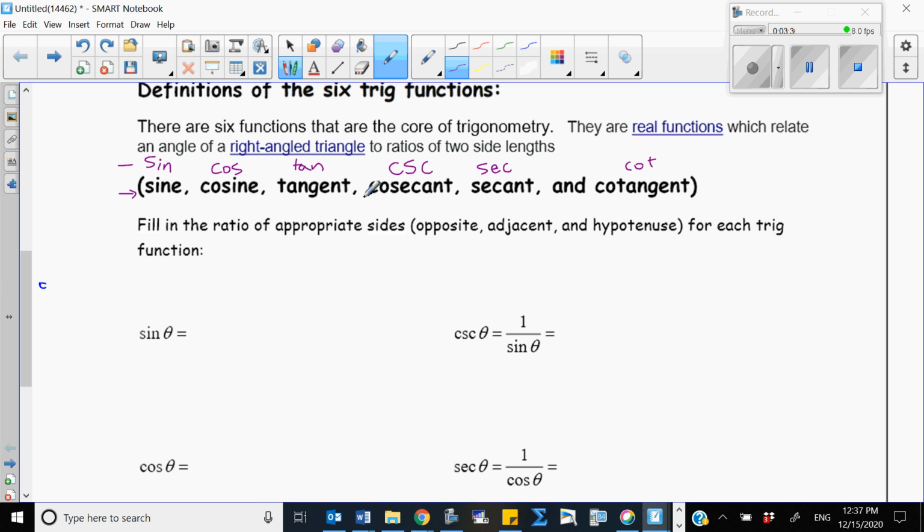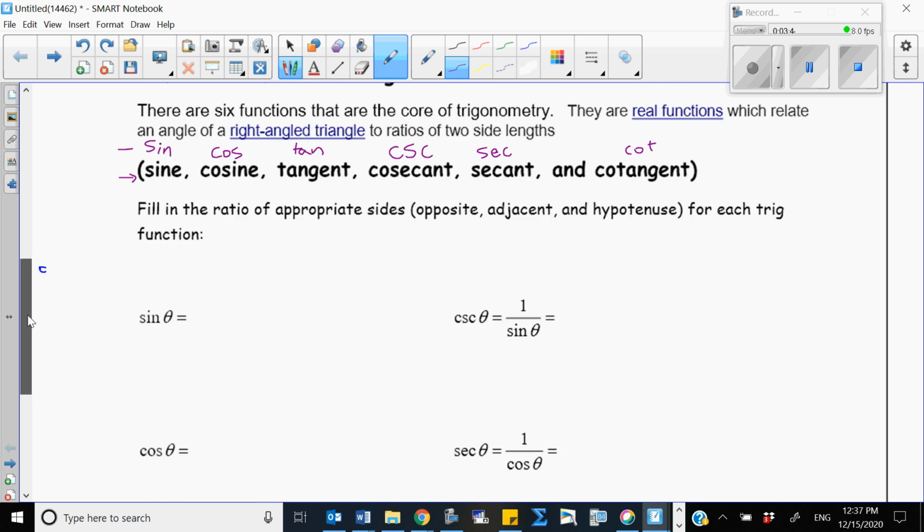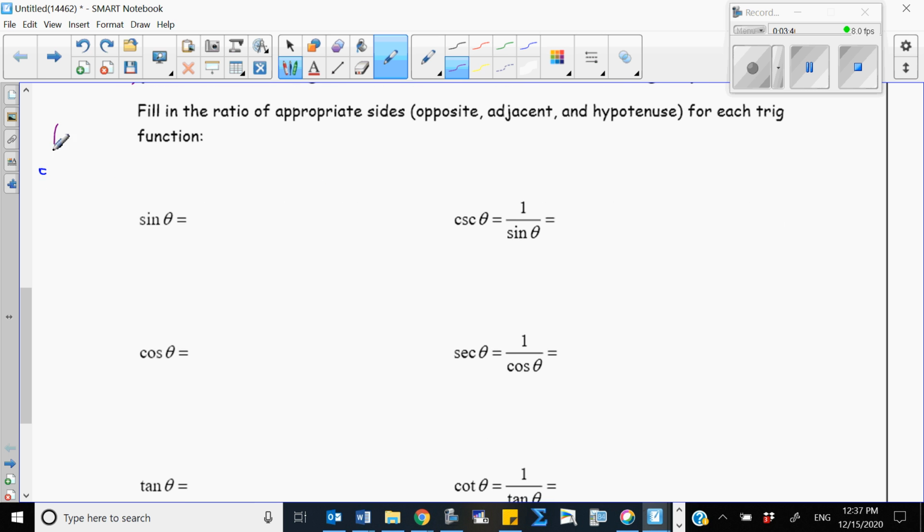Now, the first 3 functions that you see are the primary functions. And the second 3 functions are derived from the first 3. So let's see, how does that work? If I have a right triangle here, and this is my right angle, and let's say this is theta, the angle that I'm working on.